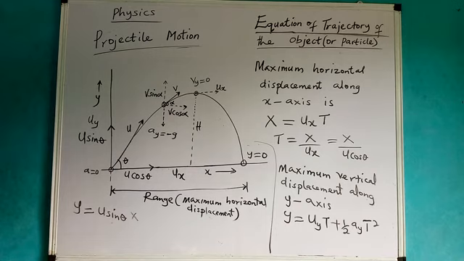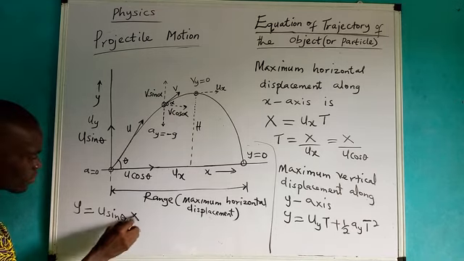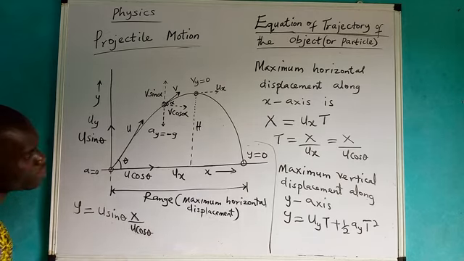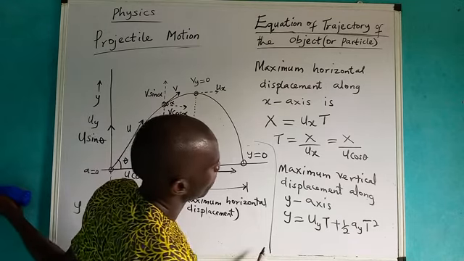It simply means X all over U cos theta. That is what we have there.